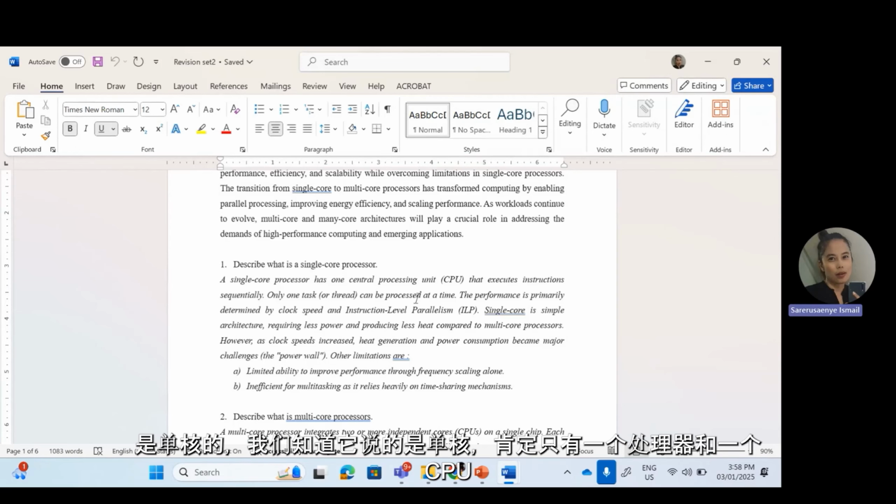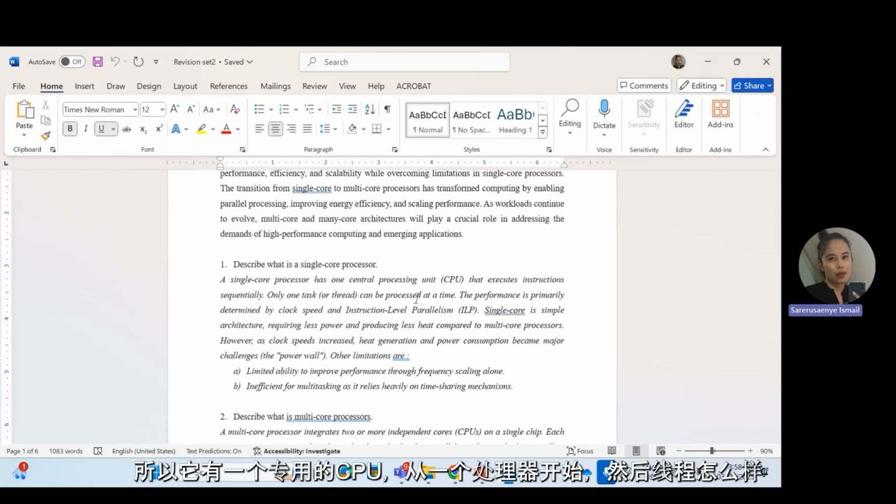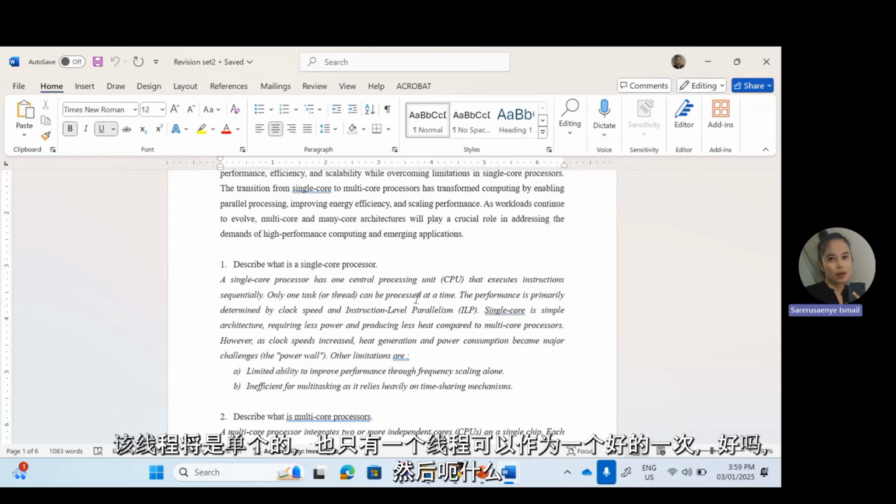Okay, first question, what is a single core? When it says single, it definitely means only one processor with one CPU, a dedicated CPU from one single processor. And what about the thread? If this single core is going to execute, the thread will be single also.